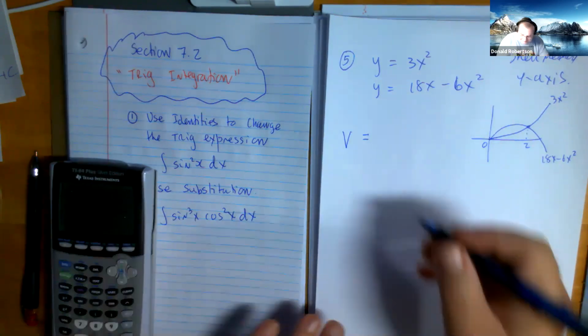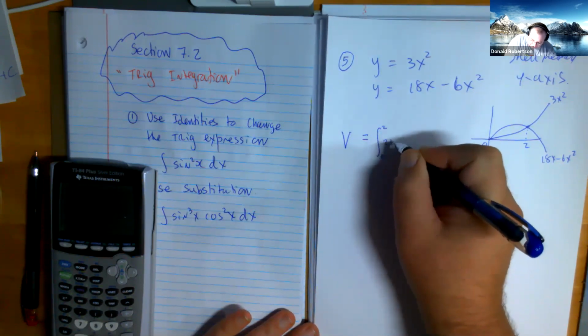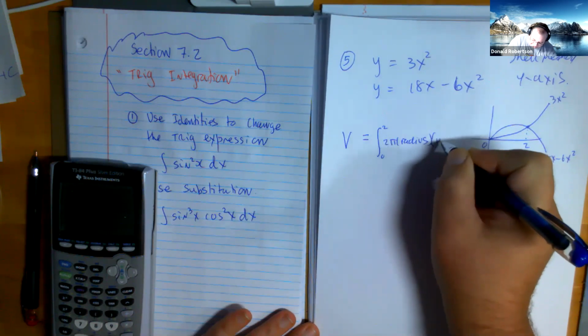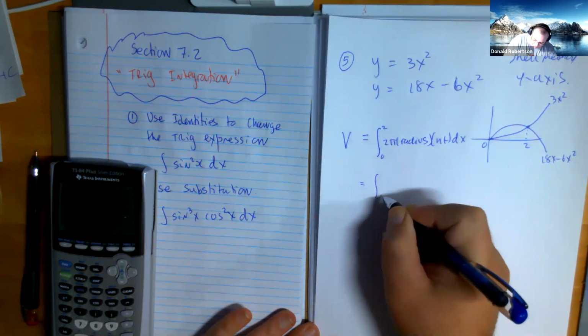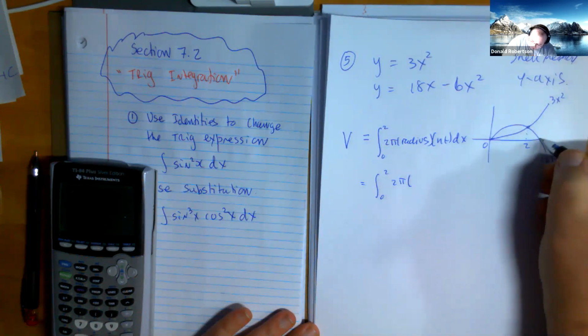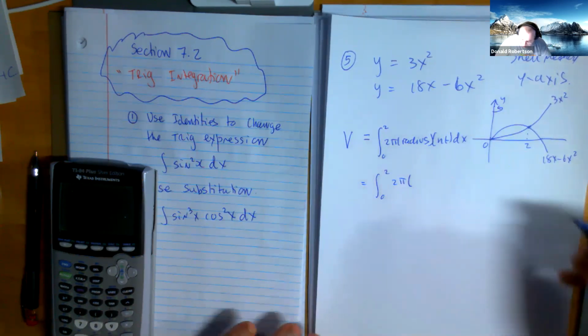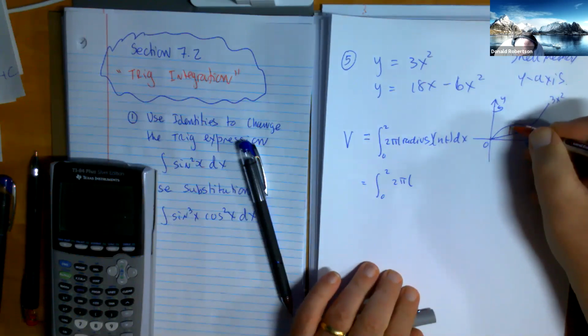So I got everything I need. It's the integral from 0 to 2 of 2 pi times radius times height, dx. When you rotate about the y-axis, your rectangle that we're talking about is typically a guy that looks like this.